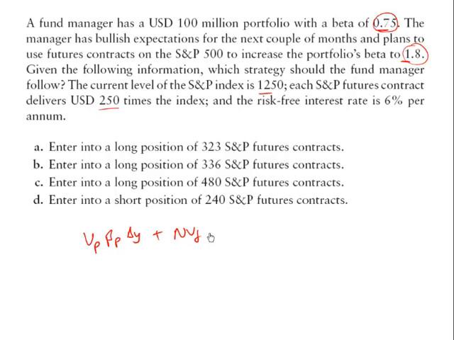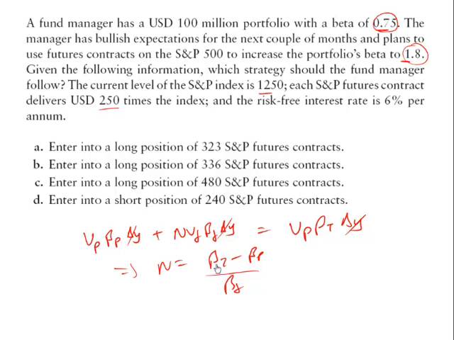The N futures contracts will go up by N into Vf into beta F into delta Y. What we want is that this change should be equal to Vp into beta target into delta Y. If we rearrange this equation, delta Y will get cancelled and we proved that N comes out to be beta T minus beta P upon beta F. Same in the duration. Duration target minus duration portfolio upon duration of the futures into value of the portfolio upon value of one futures contract.